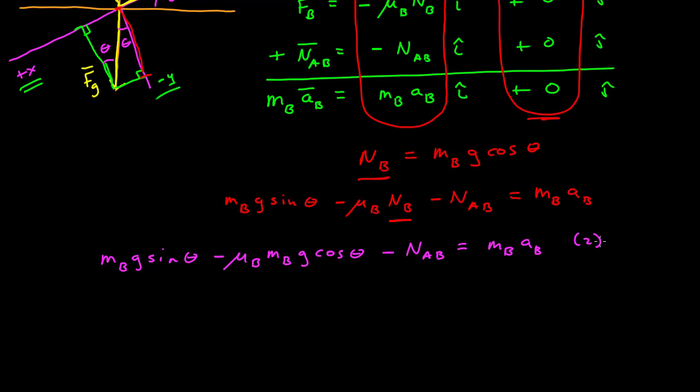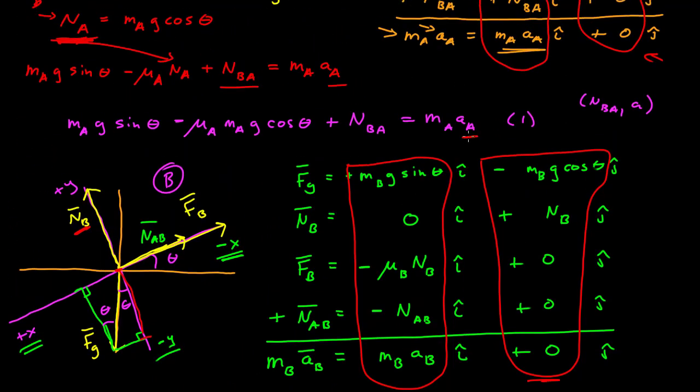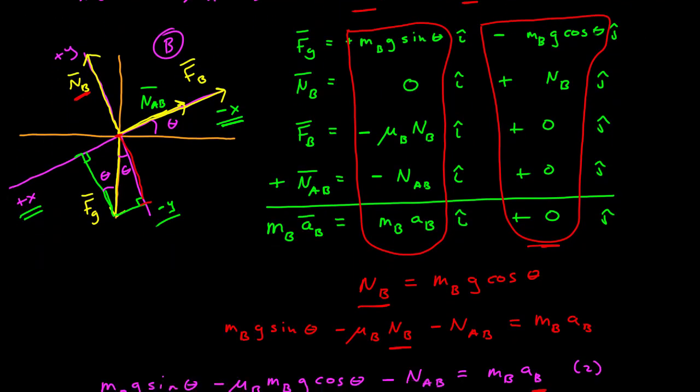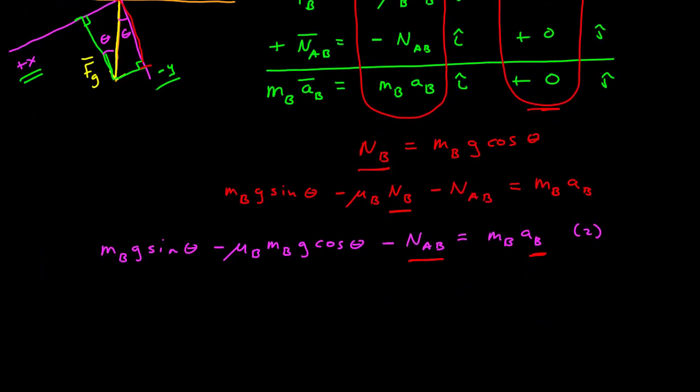So I really have 4 equations and 4 unknowns here at the moment. I have acceleration of B, the normal force of A on B, acceleration of A and the normal force of B on A. But the normal force by A on B is a Newton's third law force pair to the normal force on B by A. And so I know that normal A on B is equal to negative the normal B on A, Newton's third law force pair.